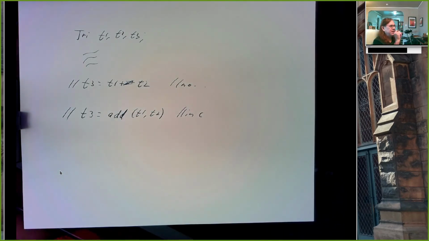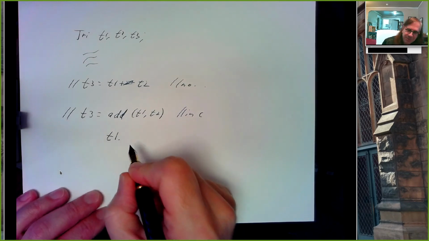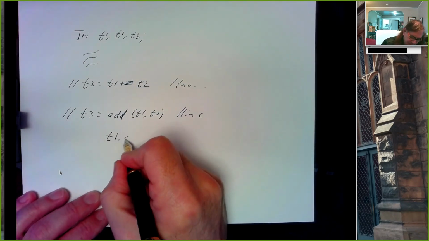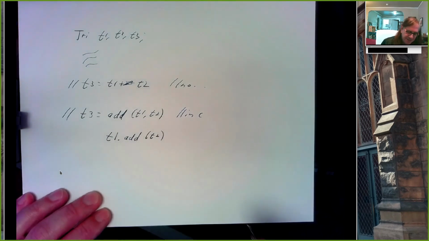Okay, but that's not really object-oriented, right? The way we want to think about this is T1 is a triangle, and we want to add T2 to T1. And so we're actually going to do something like this. We're going to take T1, and T1 is going to have an add method, which will take a triangle and add it to T1.